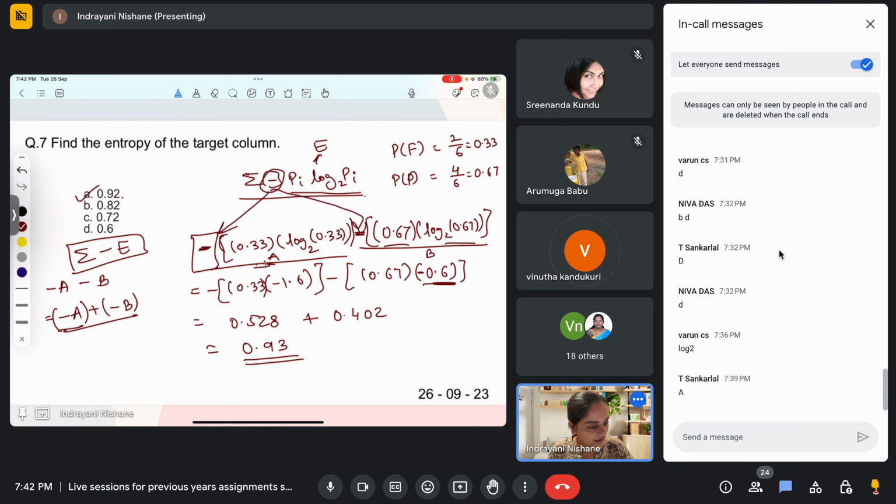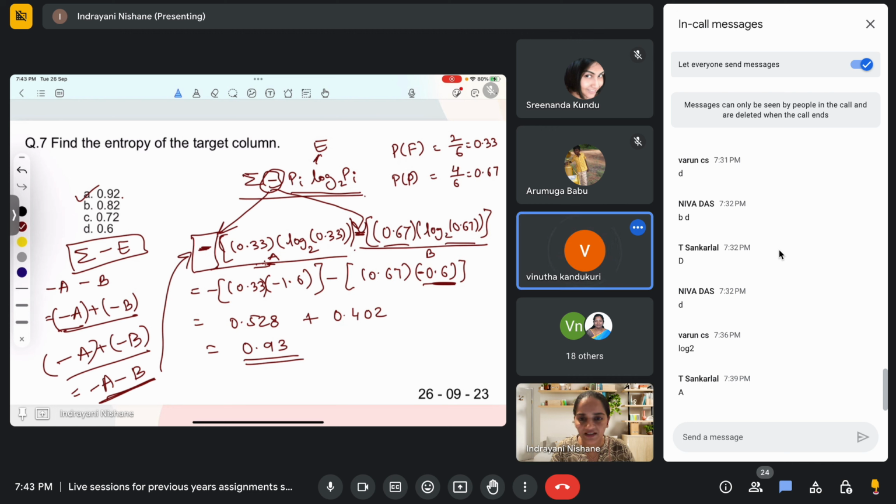So the expansion of the summation of minus E is like minus A plus minus B. You agree to this? Minus A plus minus B is the expansion of this negative summation. So I simplified it as minus A minus B. It can be done like that, right? You agree? So I skipped that step of minus plus minus, and thought, let's skip that and write minus A minus B.